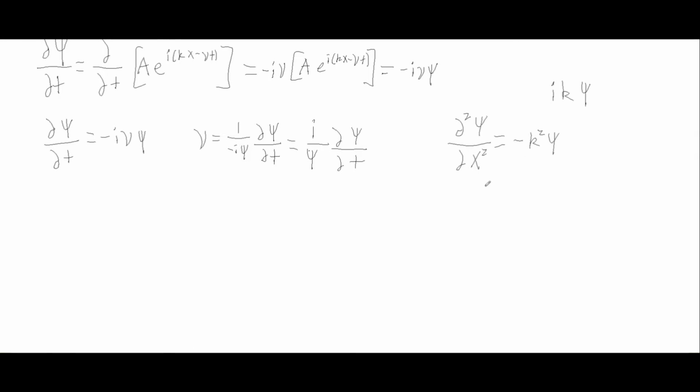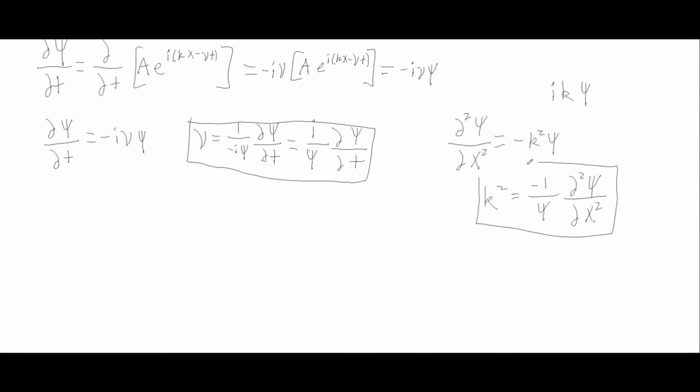And then if we rearrange this again, we have k squared equals minus 1 over psi multiplied by the second derivative of psi with respect to x. And so now we have this relation where nu is equal to this, and k squared is equal to this.